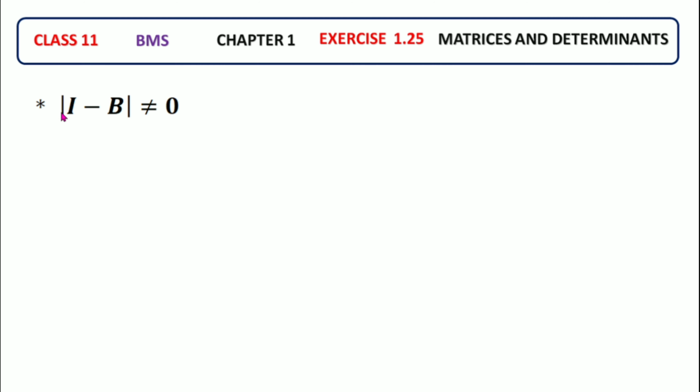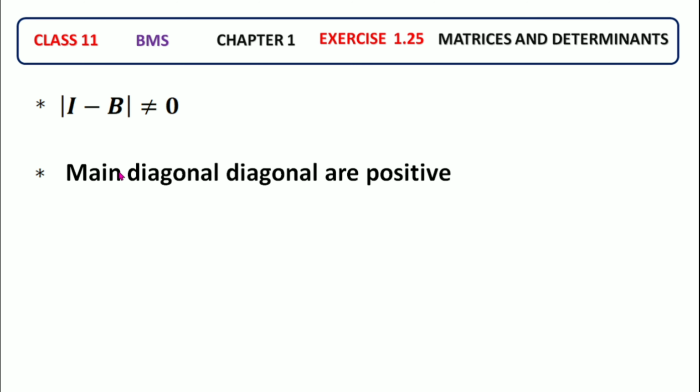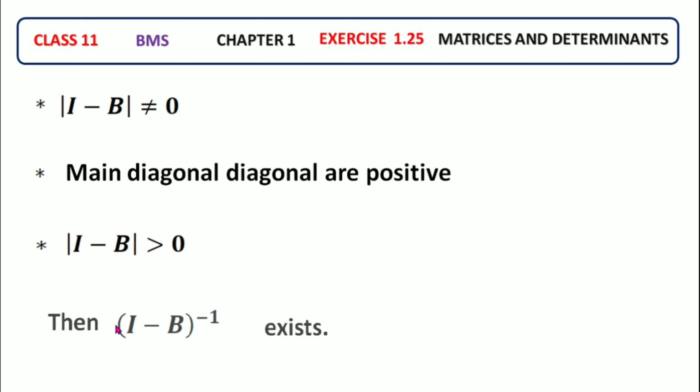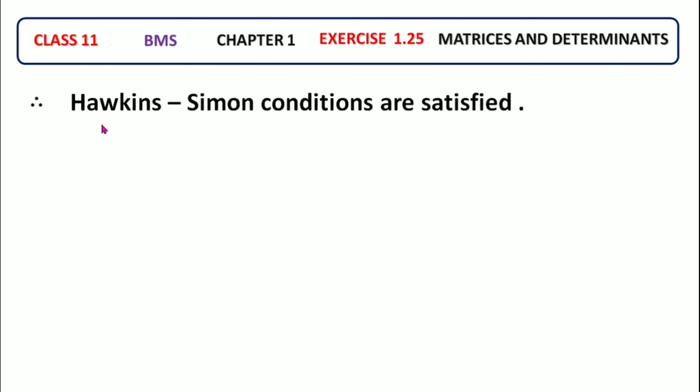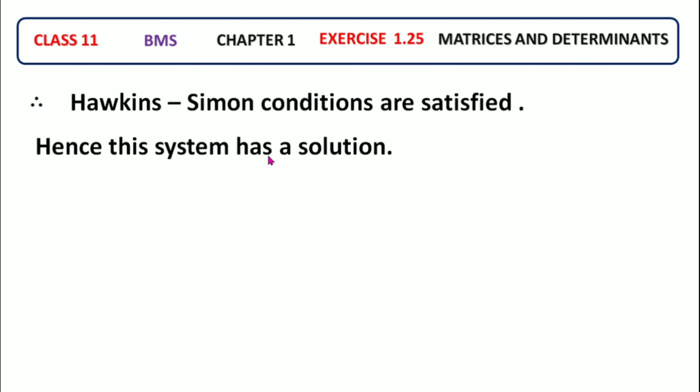Here the determinant of I minus B is not equal to 0. So main diagonal elements are positive, and determinant of I minus B is greater than 0. Then I minus B whole inverse exists because that value is not equal to 0. Hawkins-Simons conditions are satisfied. Hence, this system has a solution.